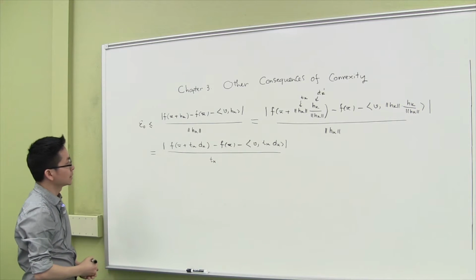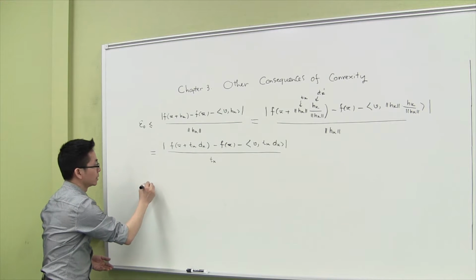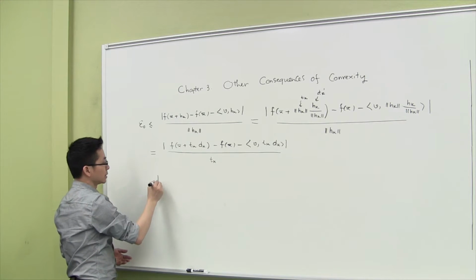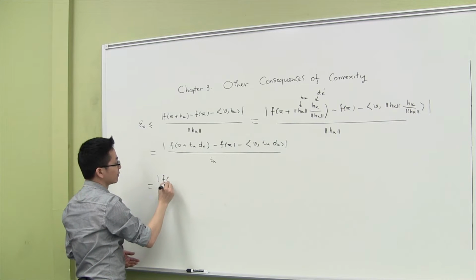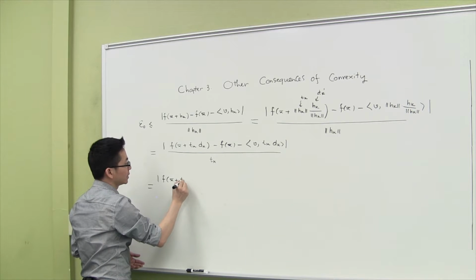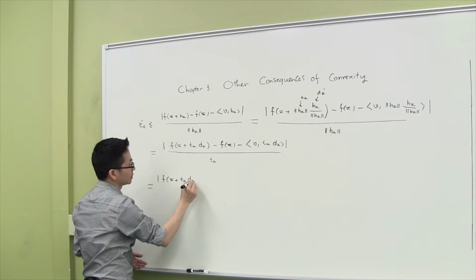Okay, and we rewrite this expression as follows. This is the absolute value of f of x bar plus tk times dk.